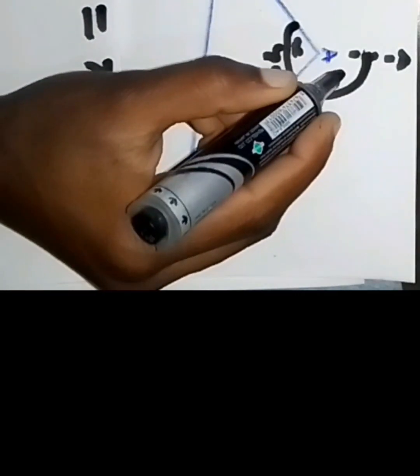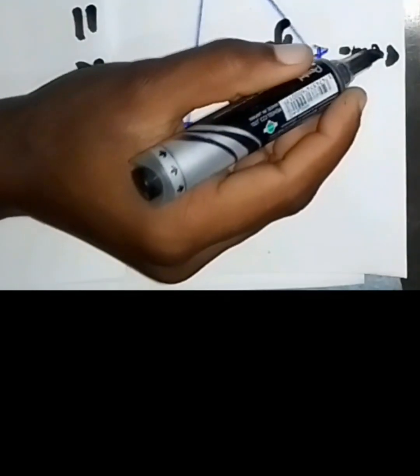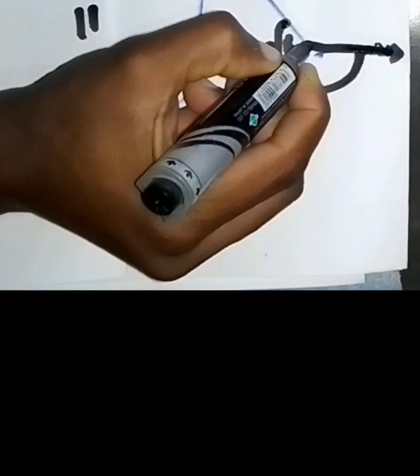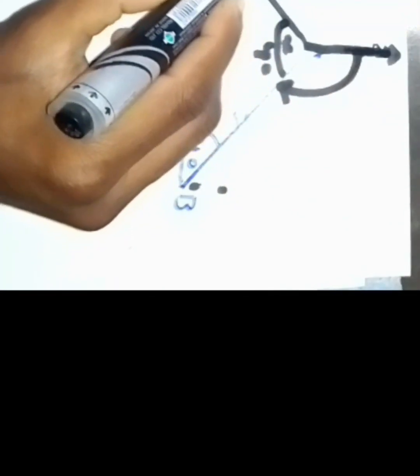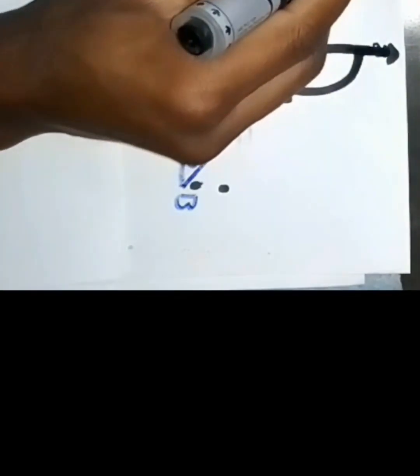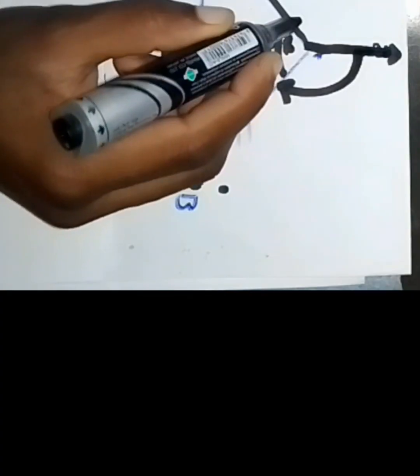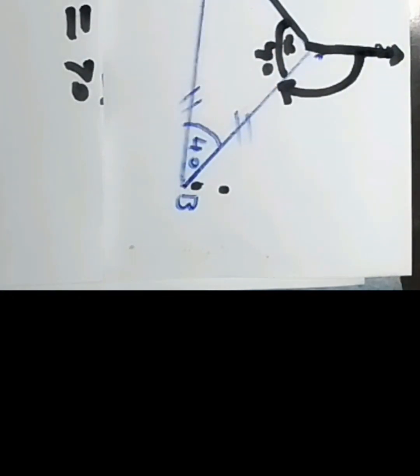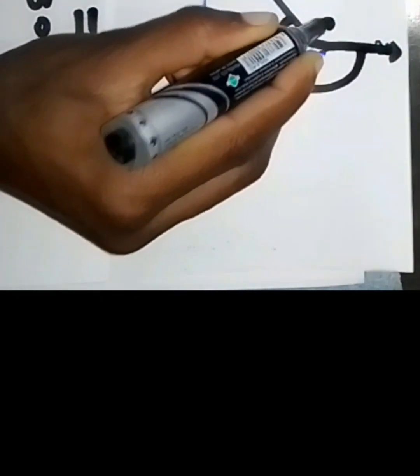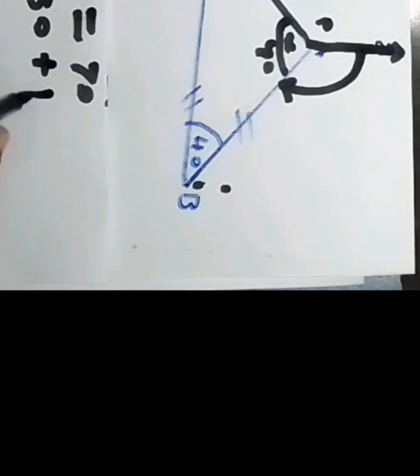So this is known, this is unknown. We focus on this allied angle formed. Two allied angles add up to 180. Therefore, 30 plus P, taking this as P, is equal to 180.